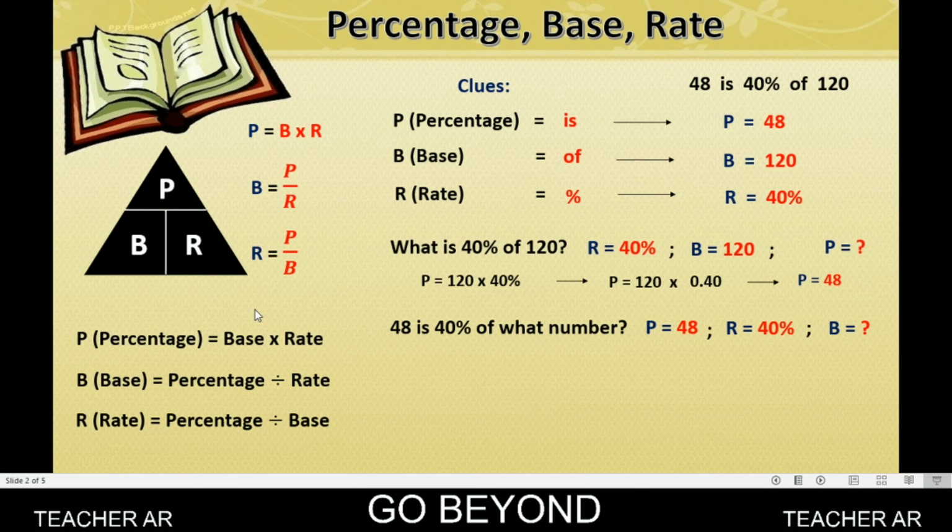So, the next thing we need to do, we have to substitute the given to the formula. So, base is equal to percentage 48 over 40%. Percentage is 48 and rate is 40%. Again, the next thing that we need to do, we have to convert 40% into decimal.